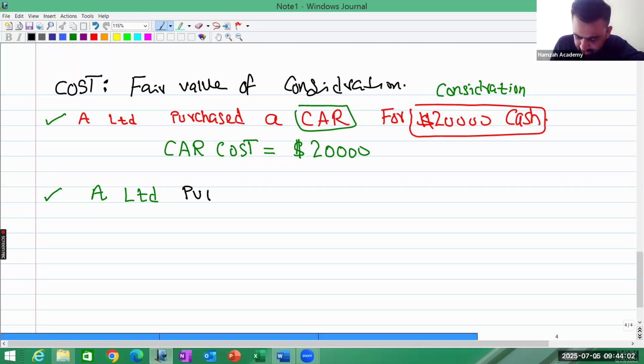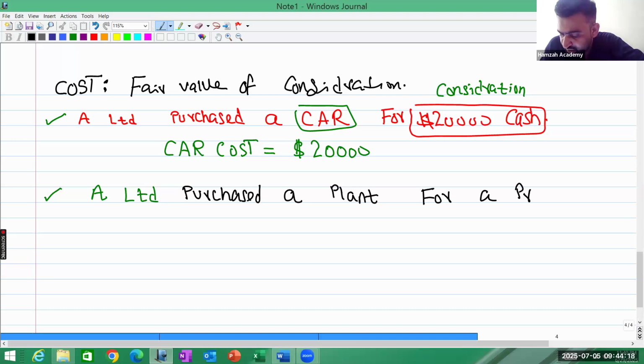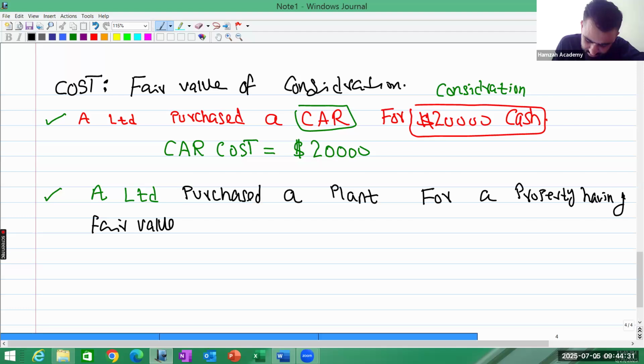A Limited purchased a plant for a property having fair value of $40,000.